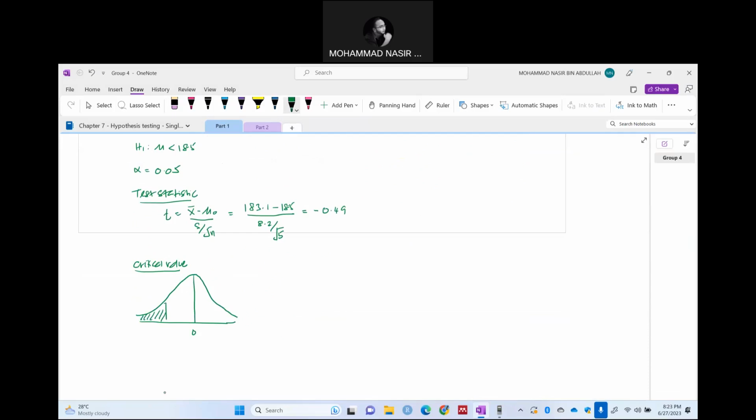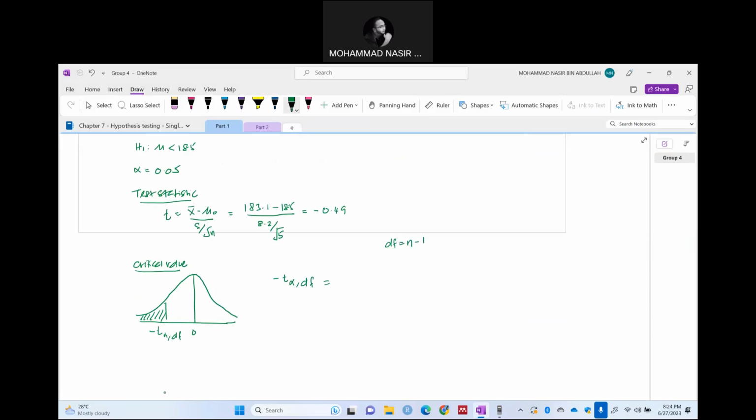So that's why the T distribution will have degrees of freedom. So this is negative T alpha with degree of freedom. Right? So DF is degree of freedom. So degree of freedom is equal to n minus 1, which comes from the chi-square distribution.